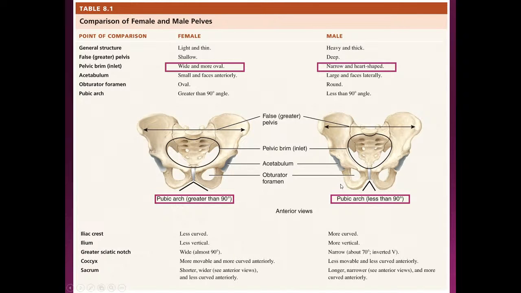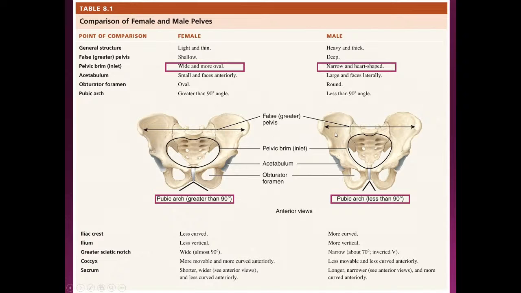The reason for this again is that the female pelvis is wider than the male pelvis. It's also not as tall as the male pelvis. The male pelvis is taller and narrower, less wide. The distance between the anterior superior iliac spines is also greater in the female because it is wider than in the male.